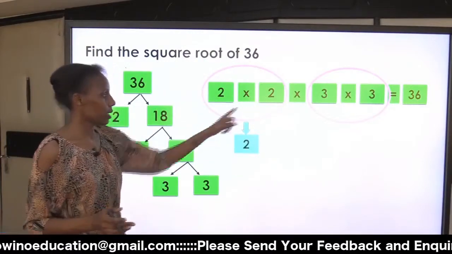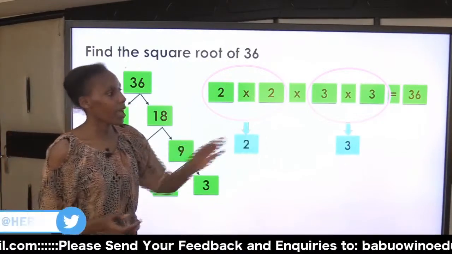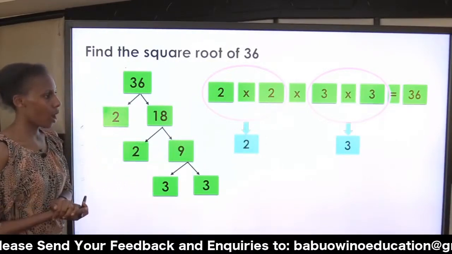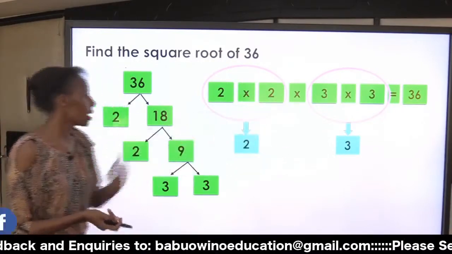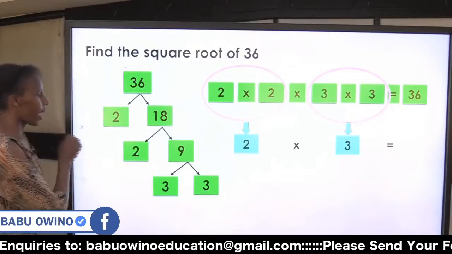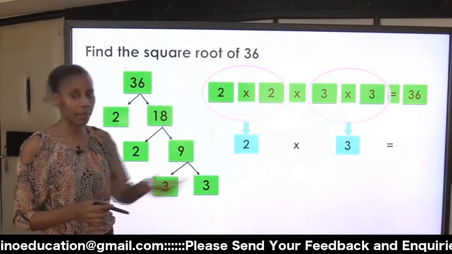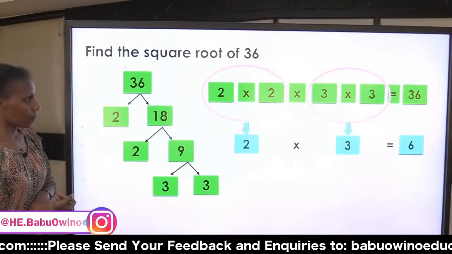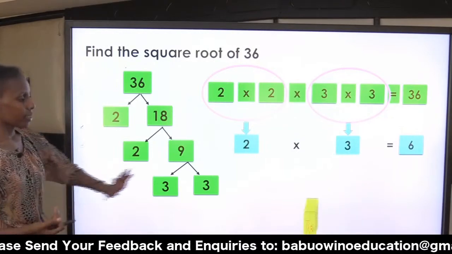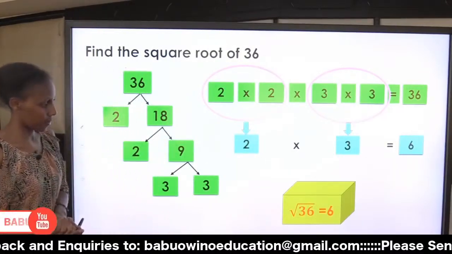I cannot take both, but I'll just pick one. And in the next pair, I will also pick 1. So now I have 2 and I have 3. The next step, I multiply the 2 prime factors that I picked, which is 2 and 3, and I get 6. I can say that the square root of 36 is 6.